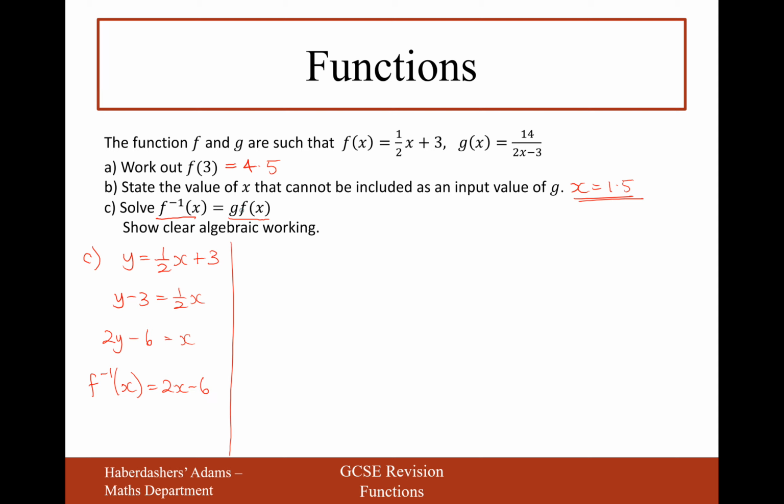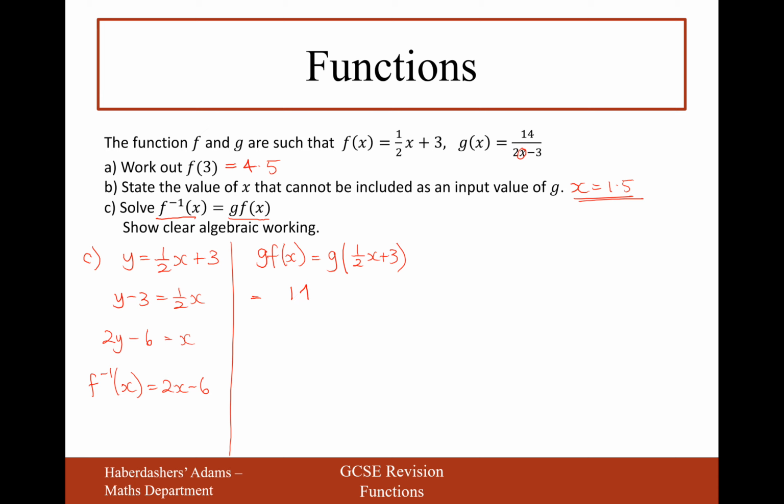Let's now create the gf of x function. So gf of x. In this case we do the f function first because it's nearest to the brackets. So that's going to be a half x plus 3. The next thing we do is we put half x plus 3 into every x input position in the g function.